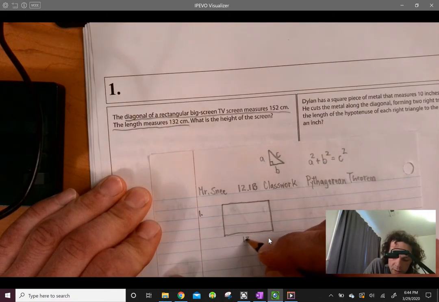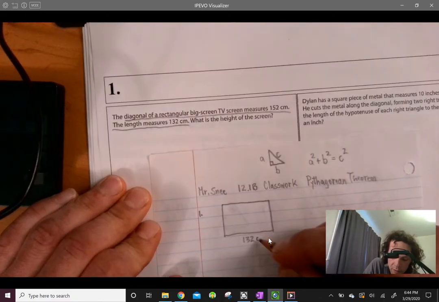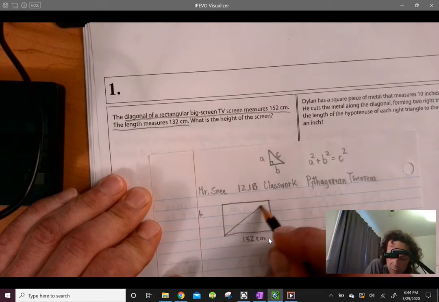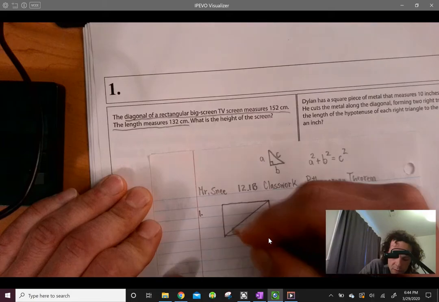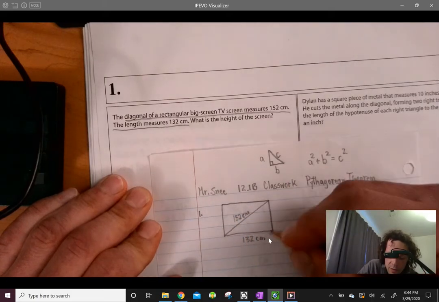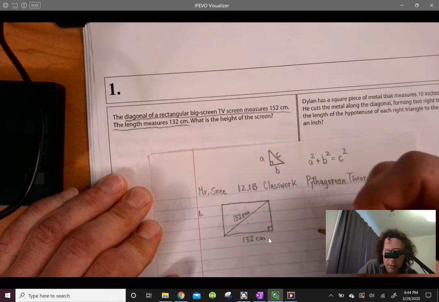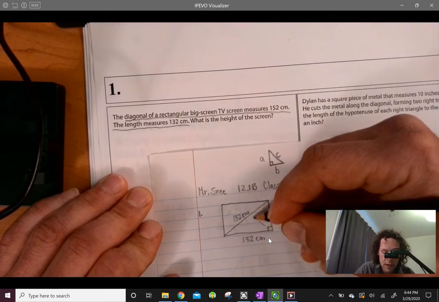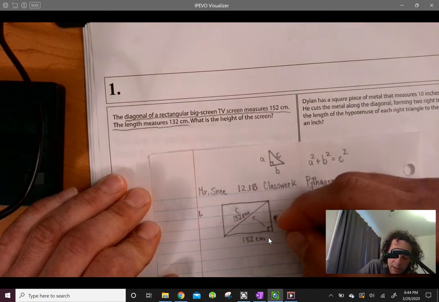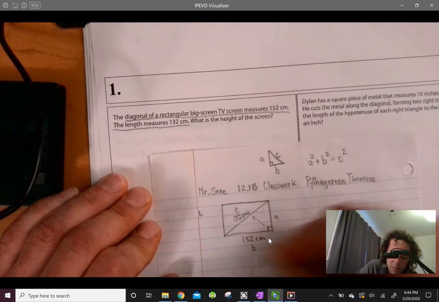So we're going to say the length is 132 centimeters, and the corner to corner diagonal is 152 centimeters. And then I've got a right angle here. This side opposite the right angle is the hypotenuse, that's C, and my legs are A and B.